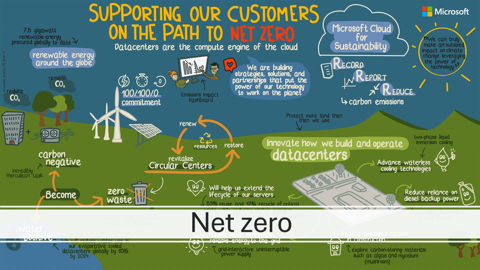That's where Microsoft is committed to going net zero and also carbon negative, and there are different things like zero waste, so that whatever harm data centers might do to the climate can be fixed.